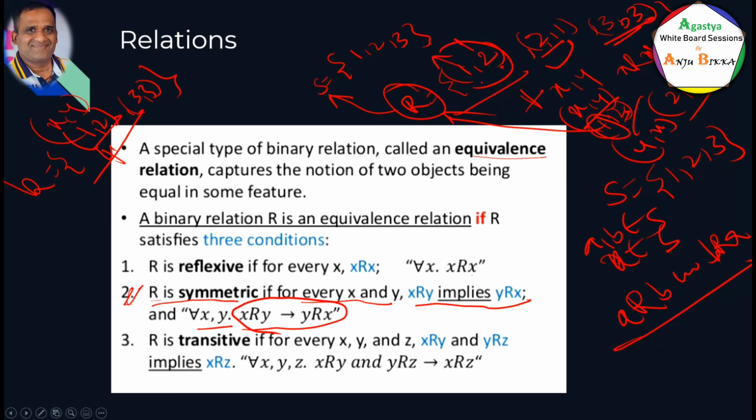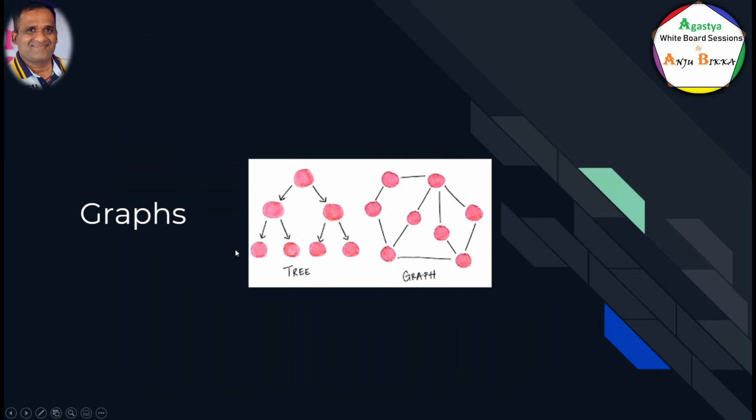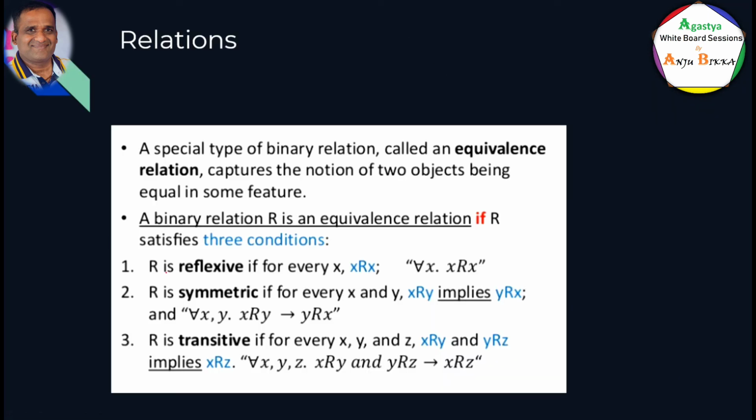Now we are going to elaborate on the transitive relation. We discussed reflexive and symmetric, and now transitive. What is transitive? If xRy and yRz implies xRz.